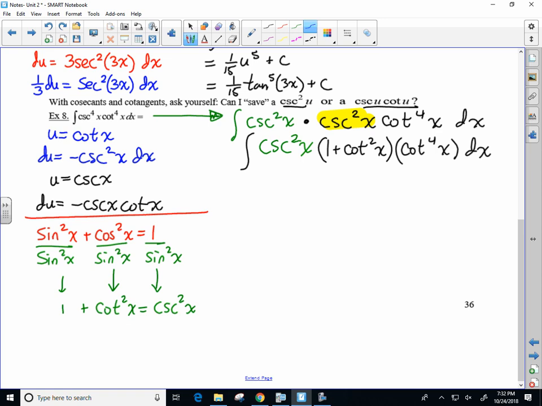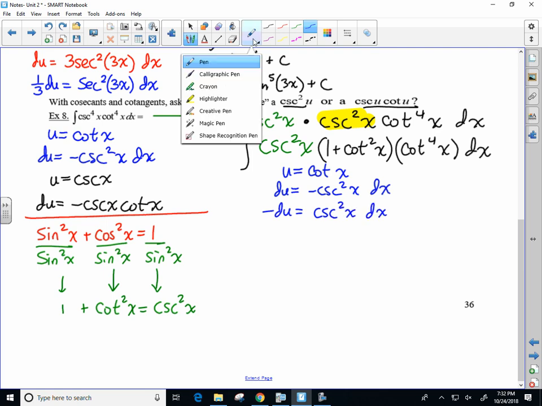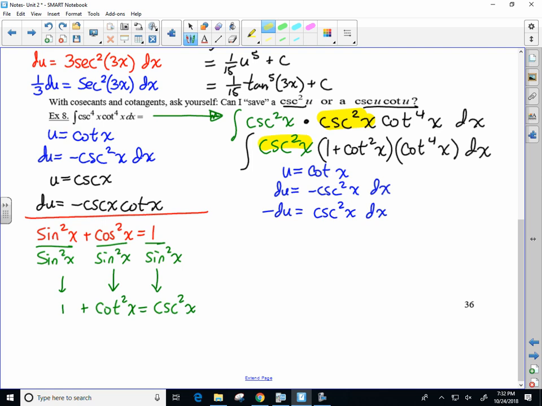So now I can designate my u as cotangent. Du would be equal to negative cosecant squared x dx. I need a positive, so I'm going to negate both sides, which is going to allow me to swap out this and this for this.